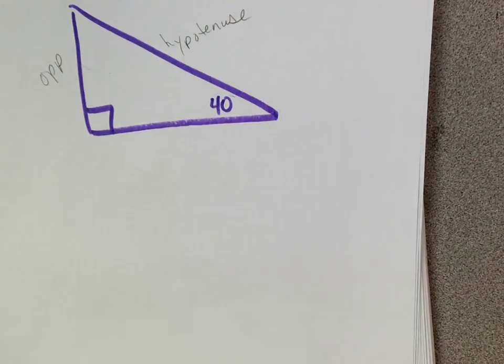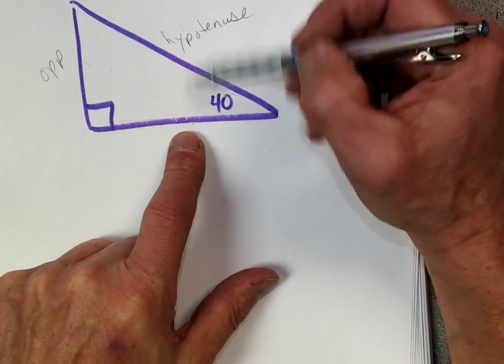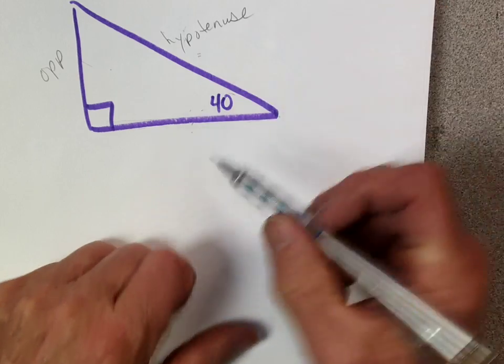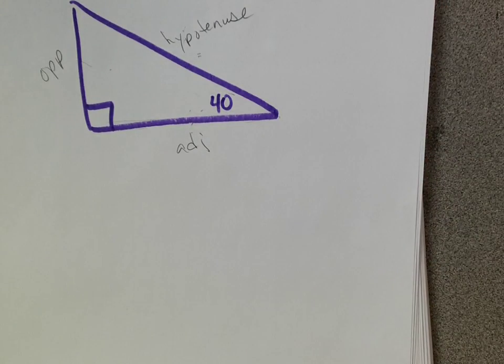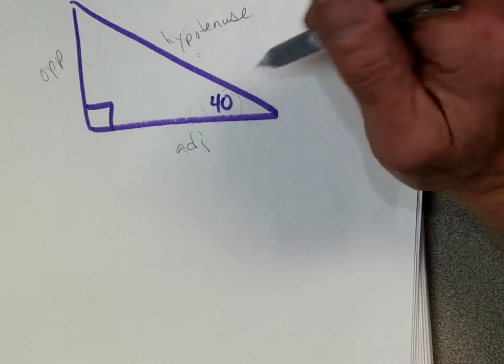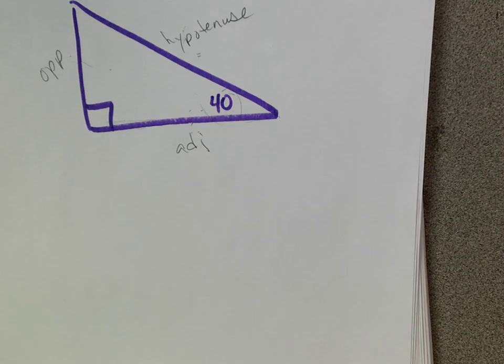This side right next to it is called the adjacent. Now, it has two sides next to it, but this one already has a name, the hypotenuse, so this one's called the adjacent. We need to name the sides from the angle. You pick the angle, and from the angle, that's its opposite side, that's the adjacent side, and of course, that's the hypotenuse. Once we know something about those three sides, we can figure out which trig ratio we're going to use.